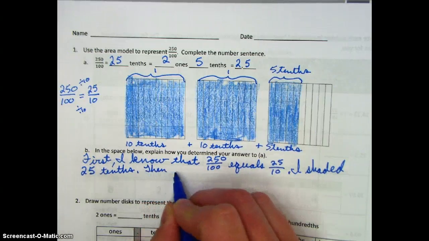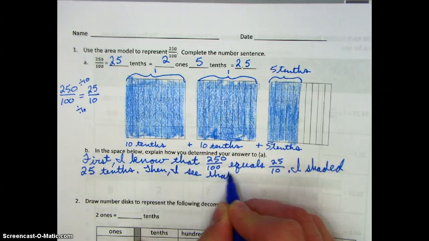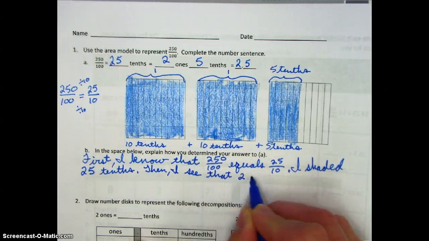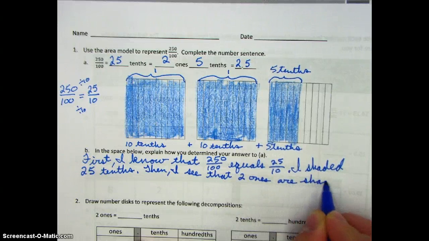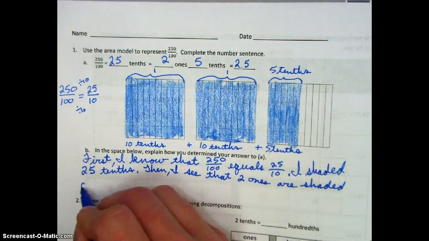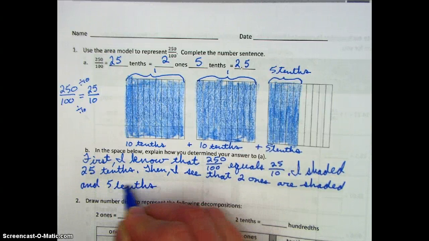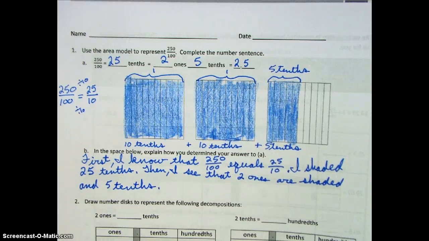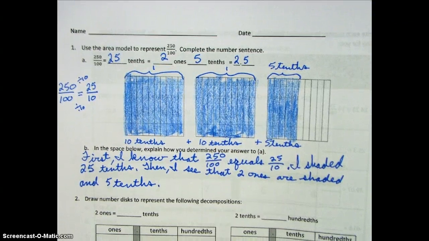Then I see that 2 ones are shaded, and 5 tenths. Feel free to hit pause right now if you need to finish copying that down.